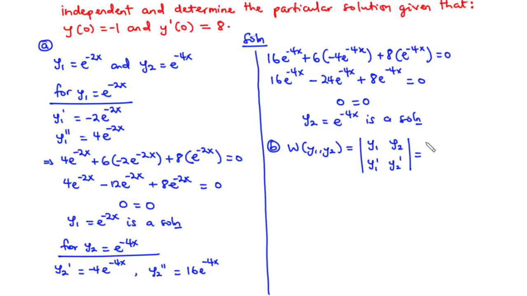Let's plug in the functions to represent y1, y2, y1 prime, y2 prime. For y1, we have e to the power negative 2x, for y2 e to the power negative 4x. For y1 prime, we have negative 2 e to the power negative 2x. For y2 prime, we have negative 4 e to the power negative 4x. So we are going to multiply this by that.